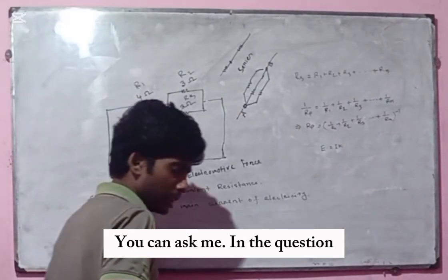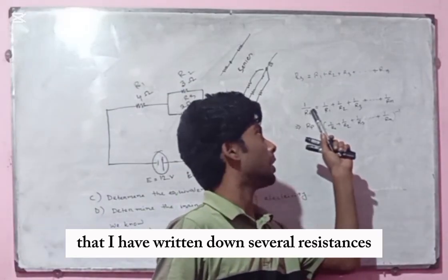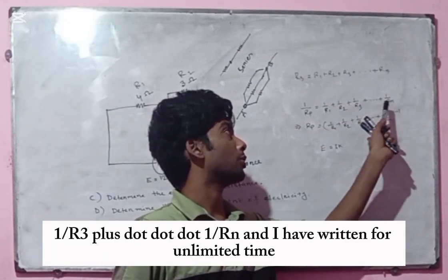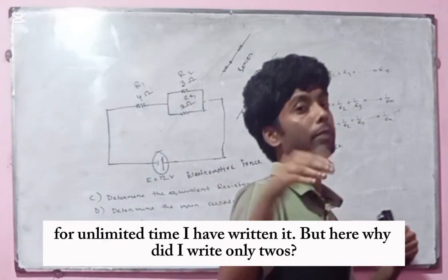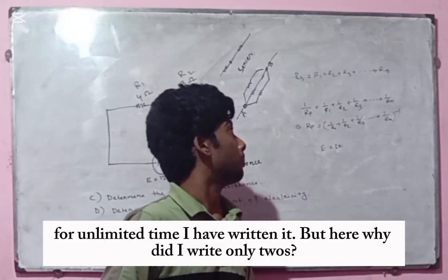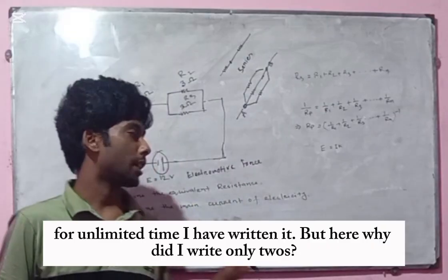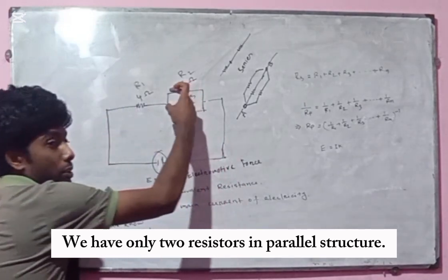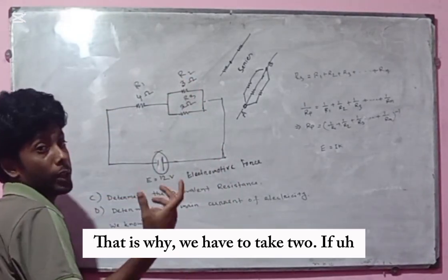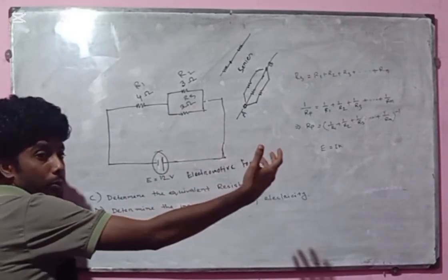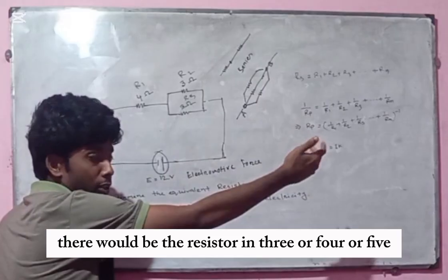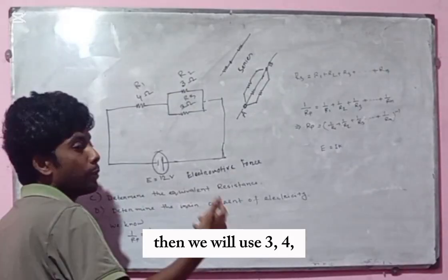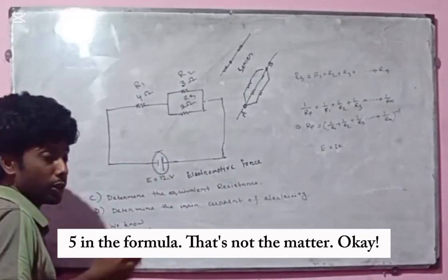You can ask me why, when I have written several resistances such as 1 by R1, 1 by R2, 1 by R3 plus dot dot 1 by Rn, I mean unlimited, I wrote only 2. We have only 2 resistors in the parallel structure, so we have to take 2. If there were 3, 4 or 5 resistances, then we would use 3, 4, 5 in the formula. That is not a matter.